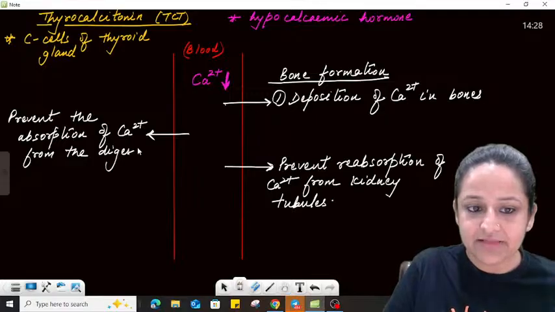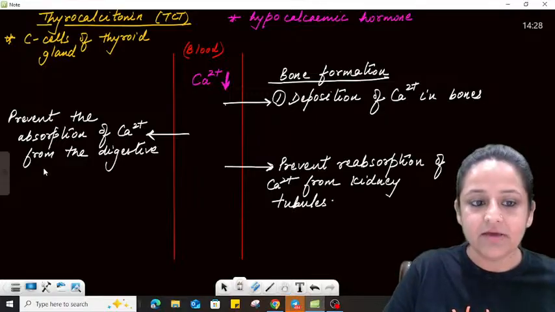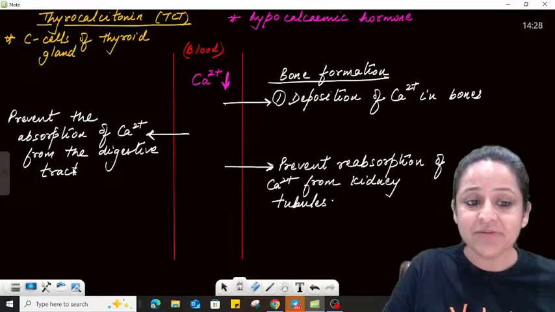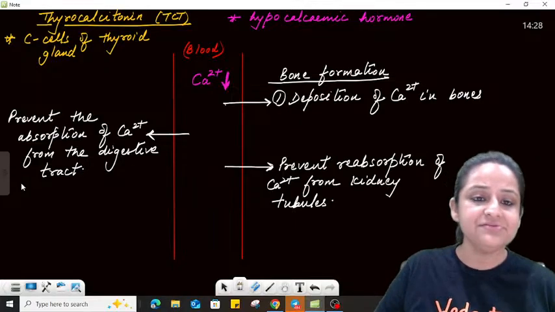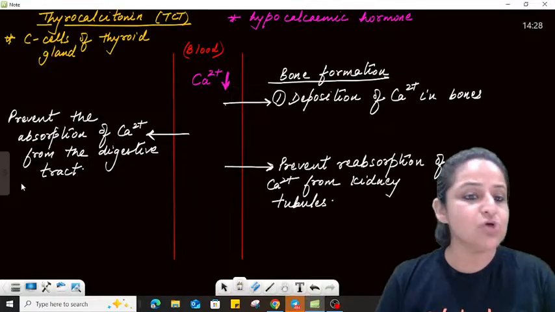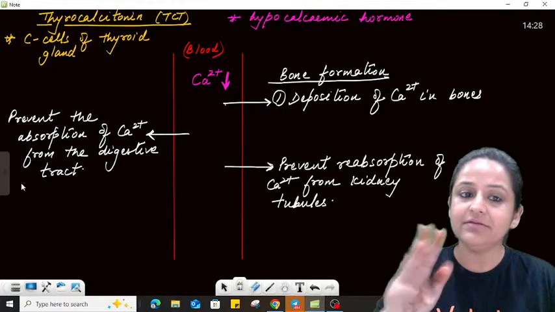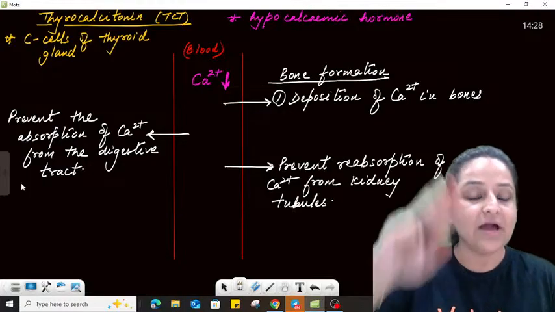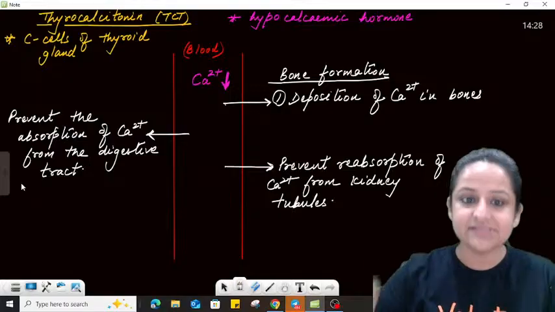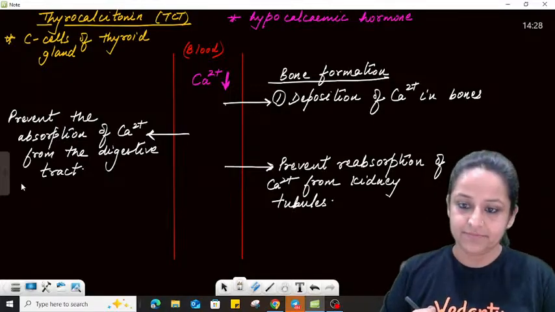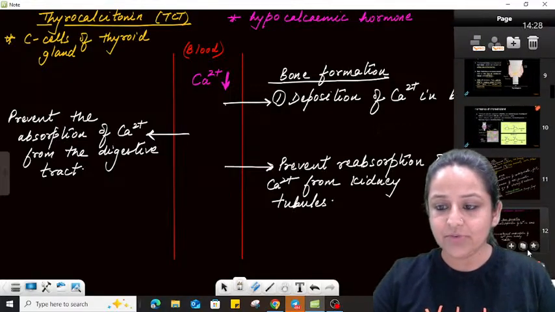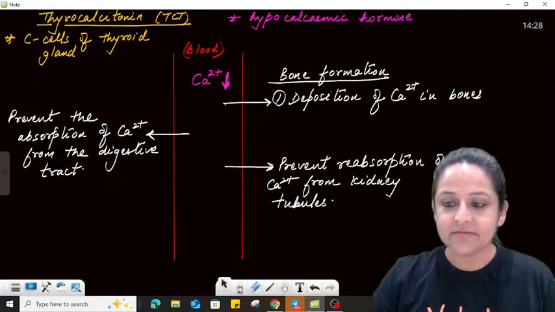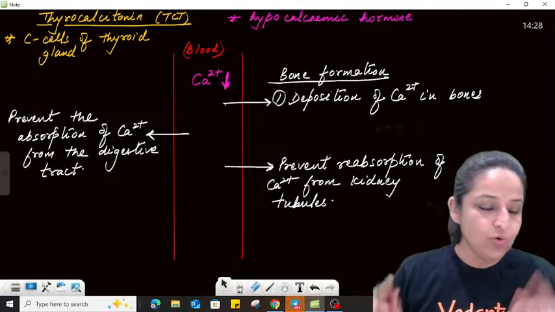It is going to tell the digestive system, please don't absorb calcium ions. There is already so much calcium in the blood. So these are the three methods by which thyrocalcitonin is going to decrease the amount of calcium in the blood. I hope this part is clear to everyone.